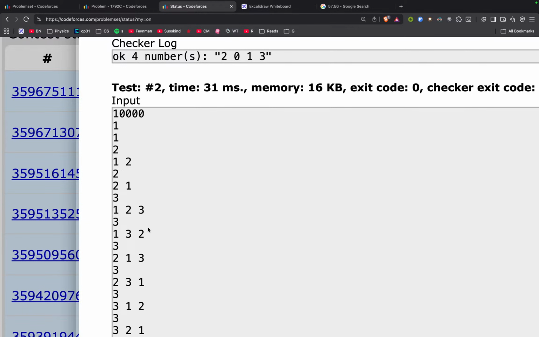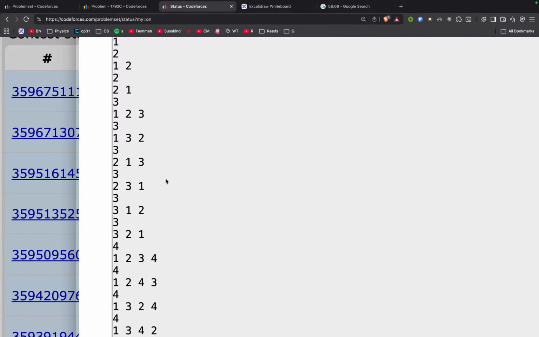The problematic part here is that we are ignoring this number here. Yes, this is an edge case: 1 3 2. i here is 1.